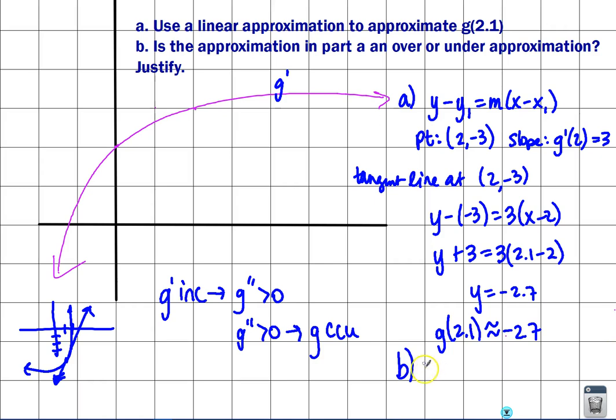This would be an under approximation because g is concave up at (2, -3). Because it's concave up, the tangent line will fall below.